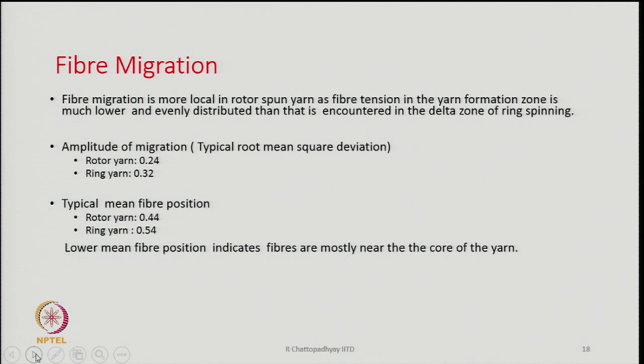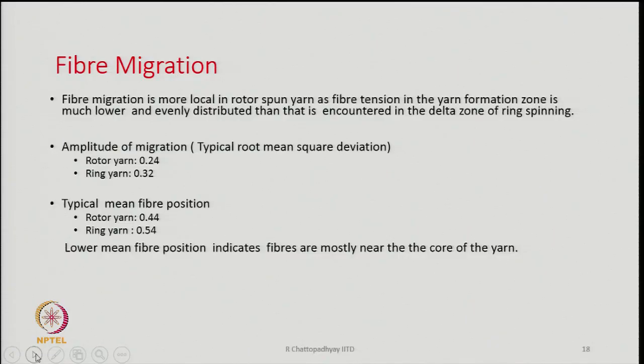Fiber migration means that the fibers are moving from one radius to another radius of the yarn. Fibers are continuously made to move from the surface to the core of the yarn and from the core to the surface in the case of ring yarn. And this movement of the fiber within the yarn body is actually helping to hold the fibers together.